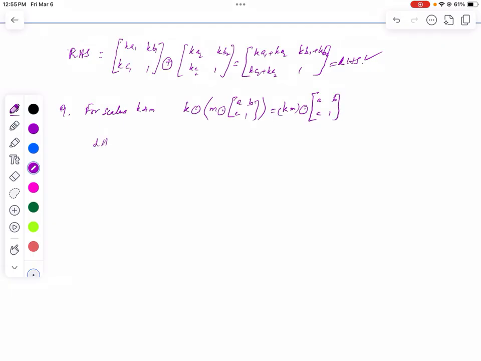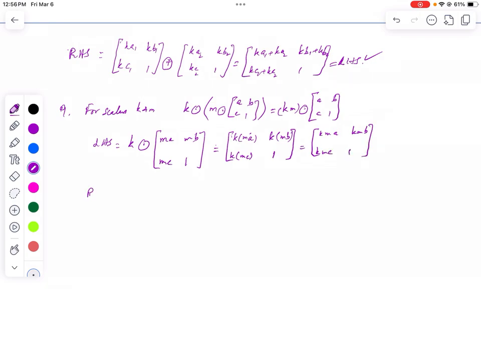The left hand side will give me k times (ma, mb, mc, 1), which is then going to give me kma, kmb, kmc, 1.